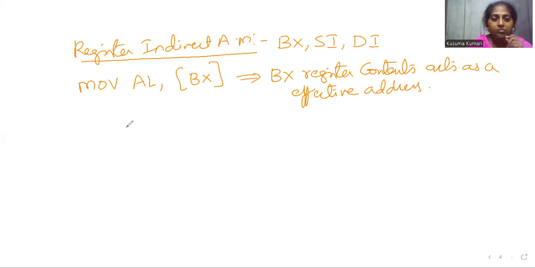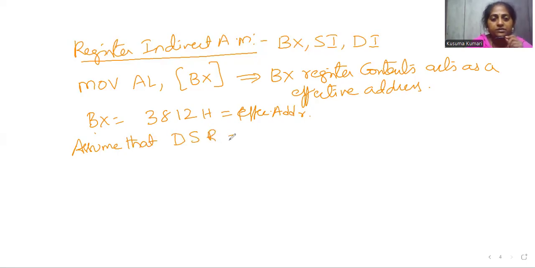For example, the BX register has 3812 hexa. So now this is the effective address for us. And assume that the data segment register has, for example, 4500 hexa.